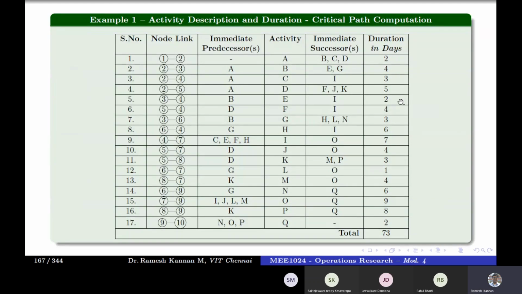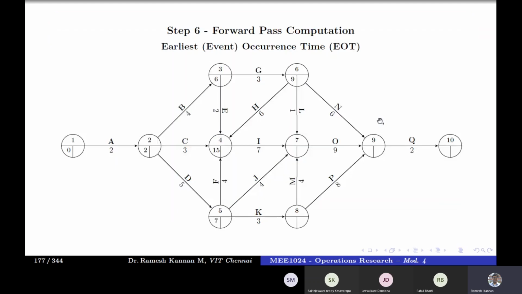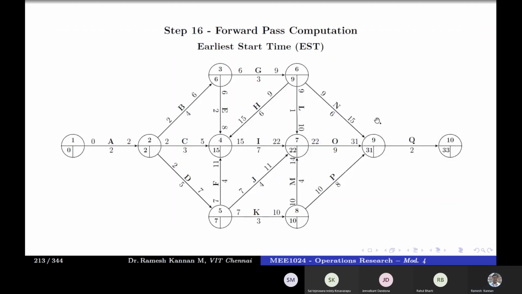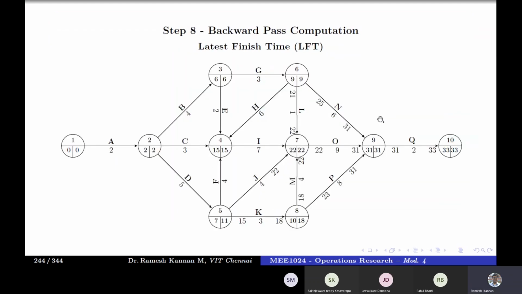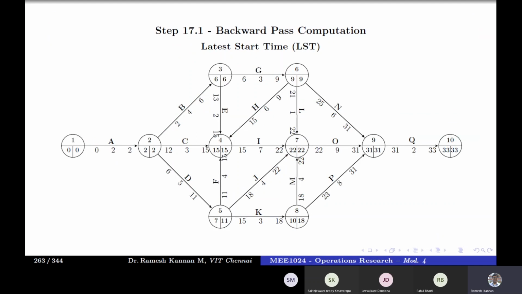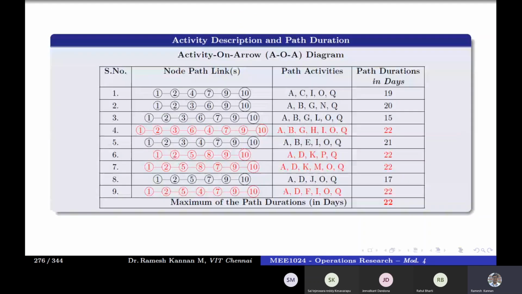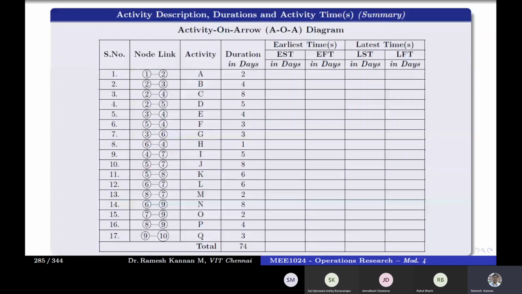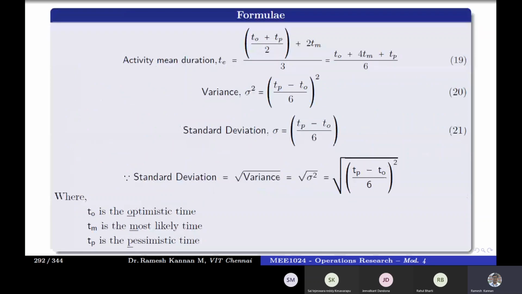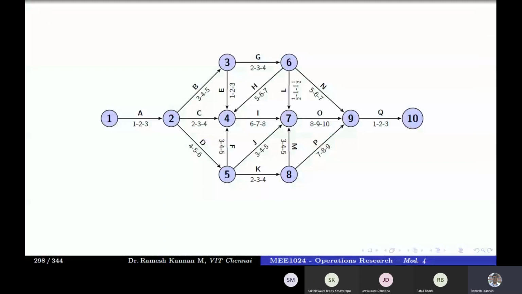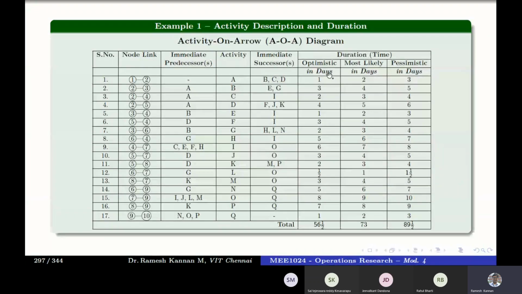It's the most likely time which we have used for the PERT problem. And optimistic times are lesser than the most likely time, and most likely times are lesser than the pessimistic time, and pessimistic times are the highest among the 3 times.